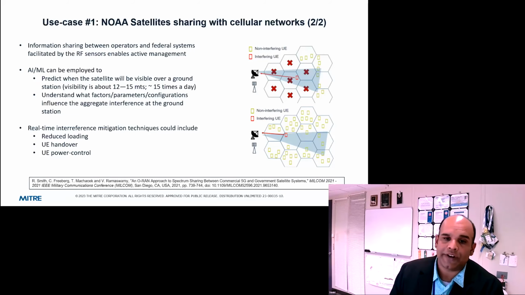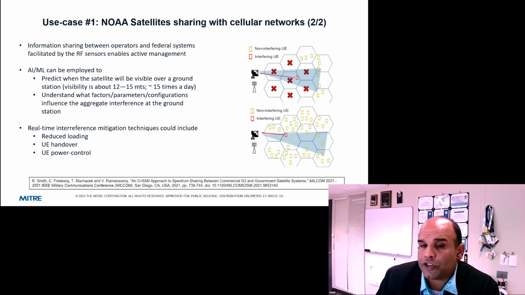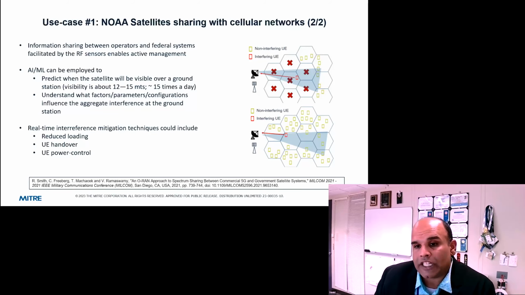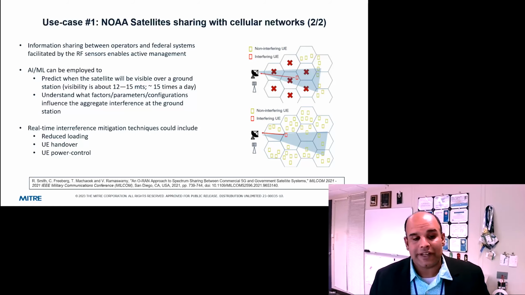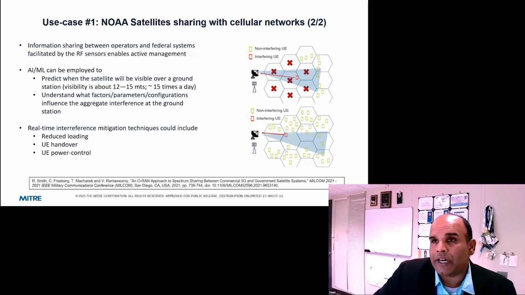Because the RIC is able to manipulate every single user. In some cases, you can even manipulate the sessions within a user, right? So what can you do if you know that a given user is the one that is causing interference? You can hand over that user to a different frequency if that frequency is available. You can reduce your power, right?